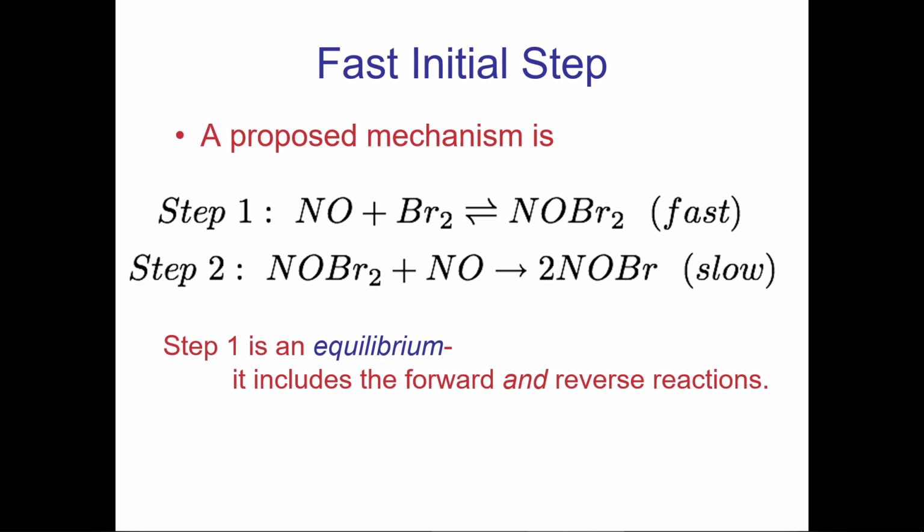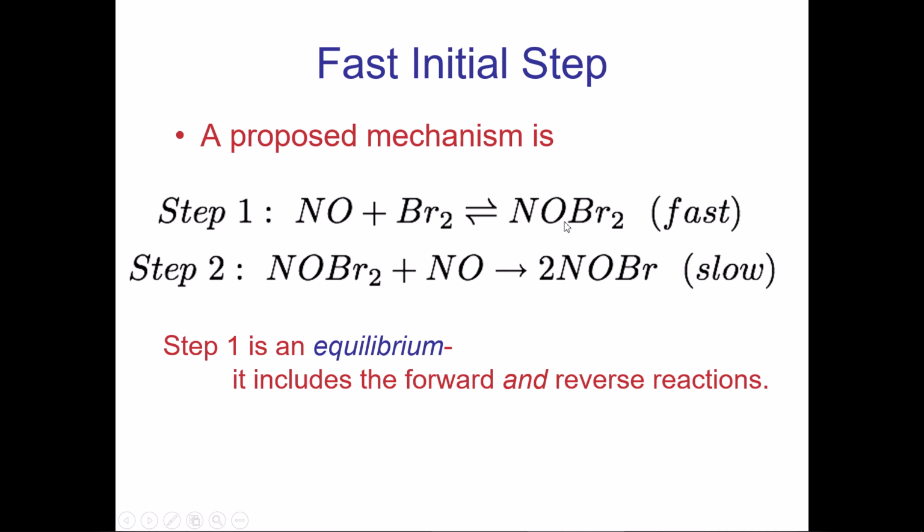Now if our second step is slow, let's imagine what's going to happen at the molecular level. Step 1 has to occur first and happens very fast, so we have a buildup of NOBr2. But since the second step is very slow, the NOBr2 is not being used up very quickly. So this means that step 1 will start breaking down the NOBr2 and moving it backwards.